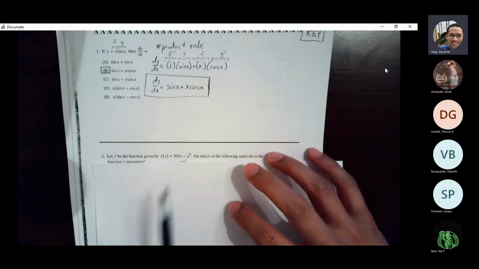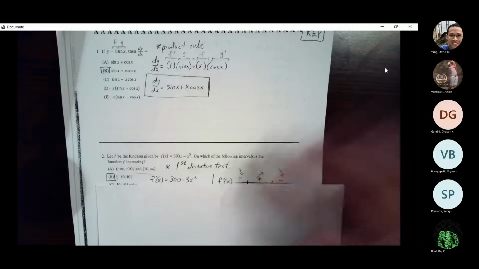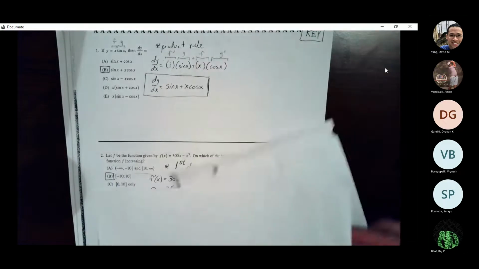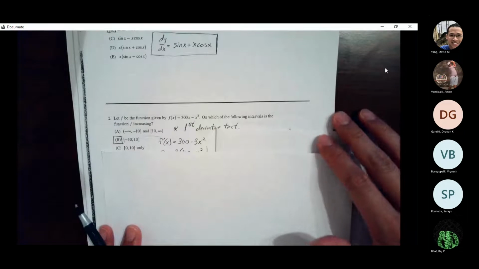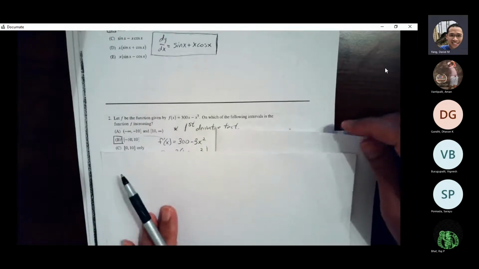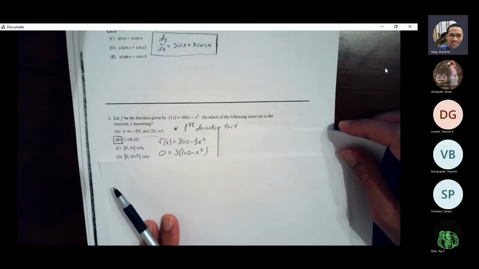Let's find our way to f prime first. Okay, so f prime, we get 300 minus 3x squared.